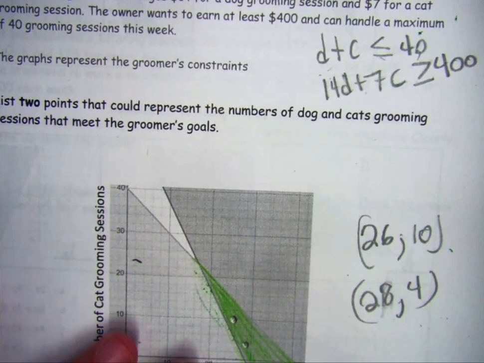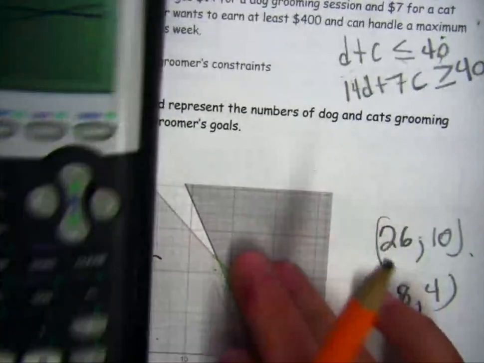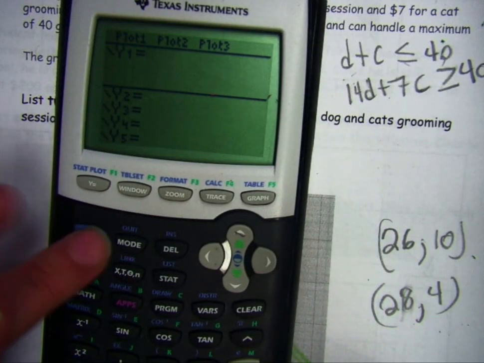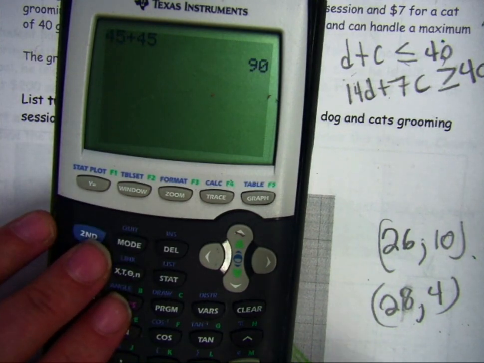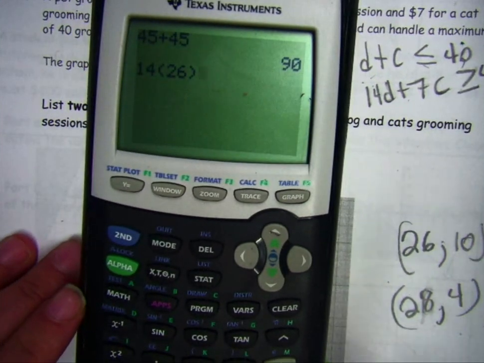So very easily, I'm just going to plug in 14 times 26 plus 7 times 10.